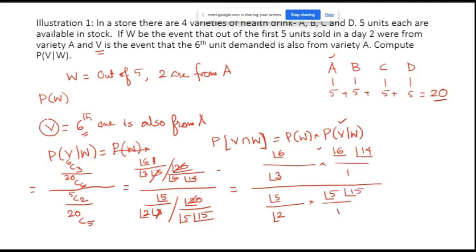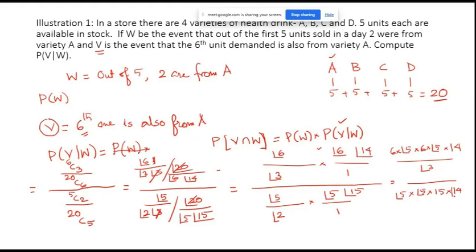So here, 6 factorial I can write as 6 into 5 factorial. This 6 factorial also I can write as 6 into 5 factorial, and then let me write 14 factorial, whole thing divided by 3 factorial. Here we have 5 factorial into 5 factorial, and 15 factorial I can write as 15 into 14 factorial.